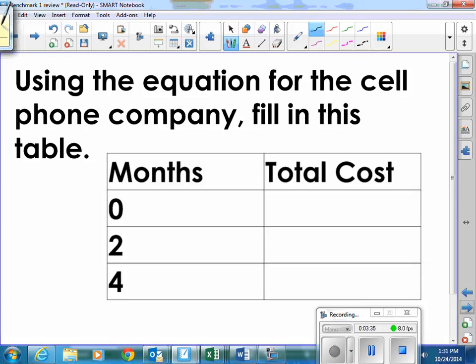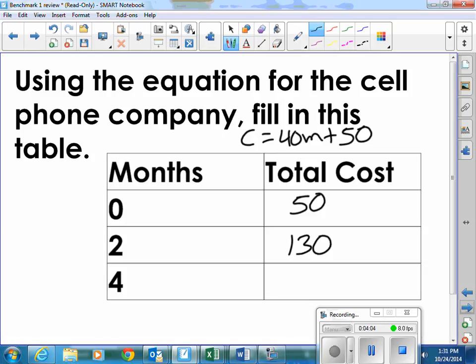Using that last equation, that the cost is equal to 40m plus 50, go ahead and fill in this table. You can pause it while you come up with your own numbers. 0 months, 40 times 0 is 0 plus 50 is 50. 2 months, 40 times 2 is 80 plus 50. Let's make sure I'm using the right one.